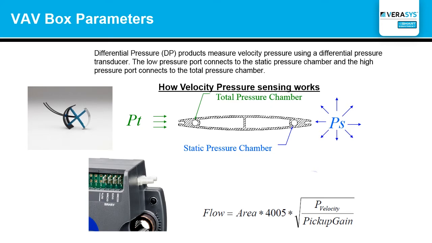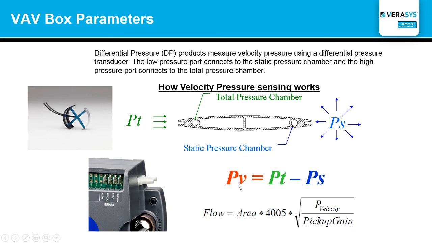What the flow cross does is it picks up the area. It'll have holes for total pressure, so it'll feel the total pressure of the air coming in, and then static pressure. There's holes on the front side and holes on the back side of this probe, and it will calculate the velocity pressure.